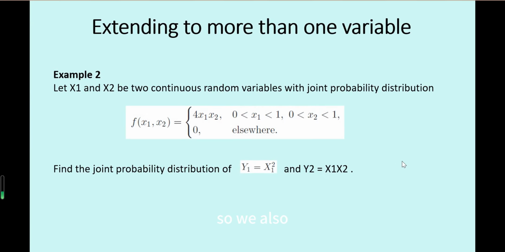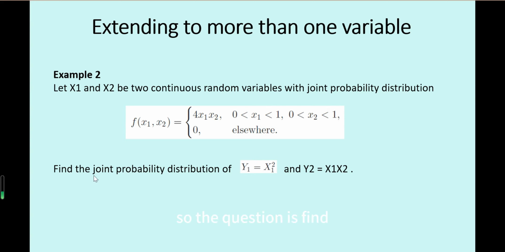We also take a look at an example. X1, X2 are two continuous random variables with joint probability distribution 4 times x1 times x2, where the bounds are 0 to 1 for x1 and 0 to 1 for x2.